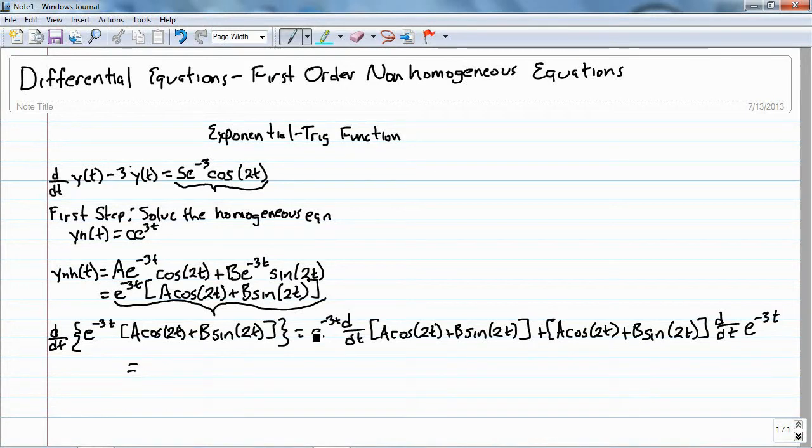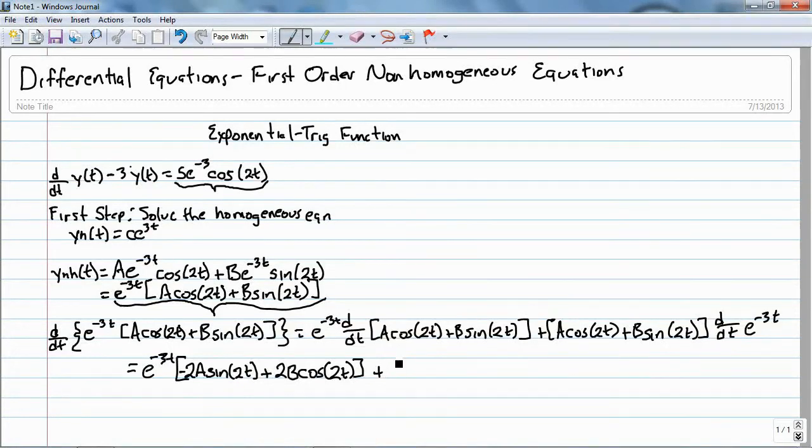So I have e to the negative 3t. The derivative of this cosine, remember to use the chain rule, and don't forget that the derivative of the cosine is the negative sine, got to put the negative in there, plus 2b cosine 2t. So that is my first part.